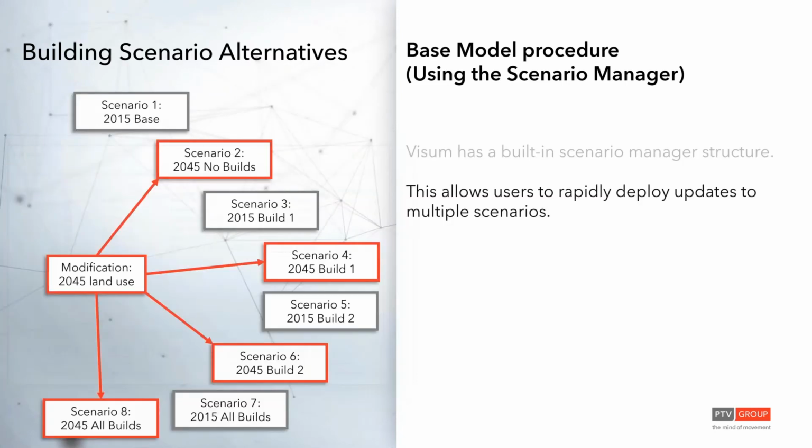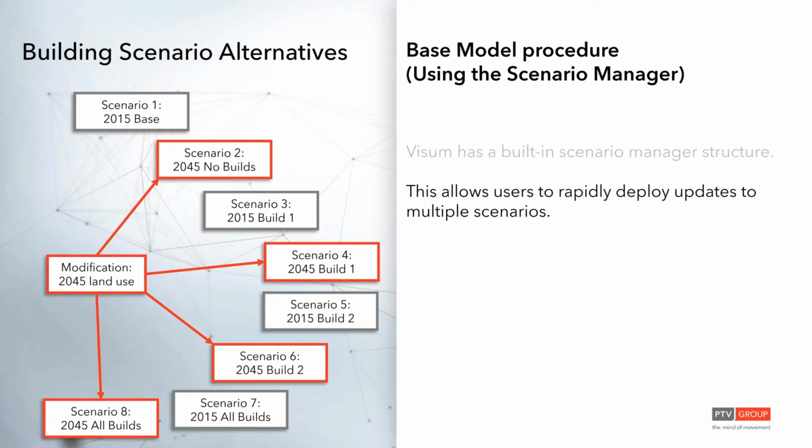How the scenario manager works in Visum is that it's a built-in structure that is based on modifications. When you're building out your scenarios, you build modifications to your base network that you can then deploy to multiple scenarios simultaneously.